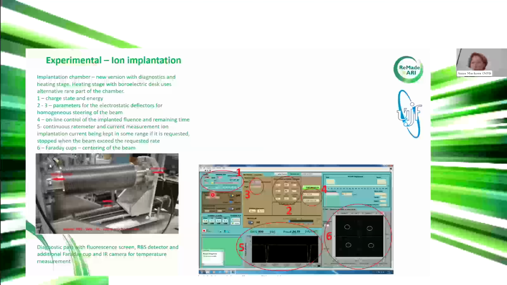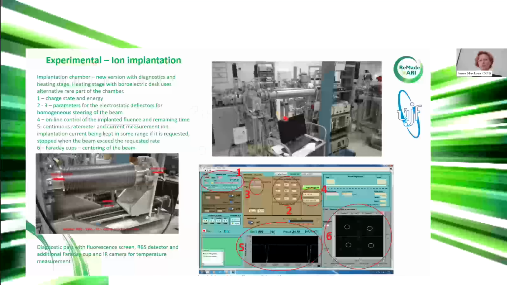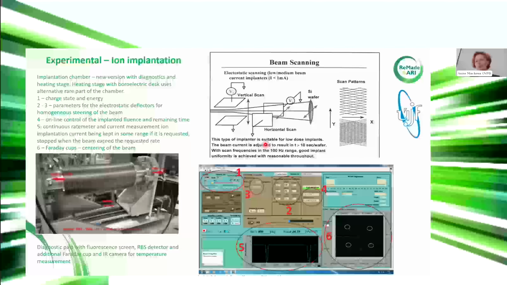So now we are moving to the experimental part. Here it is important, of course, that it's done in a vacuum chamber. Your beam must be monochromatic, I mean a monoenergetic beam. And what is important is that ion implantation means that we are using very broad beams.